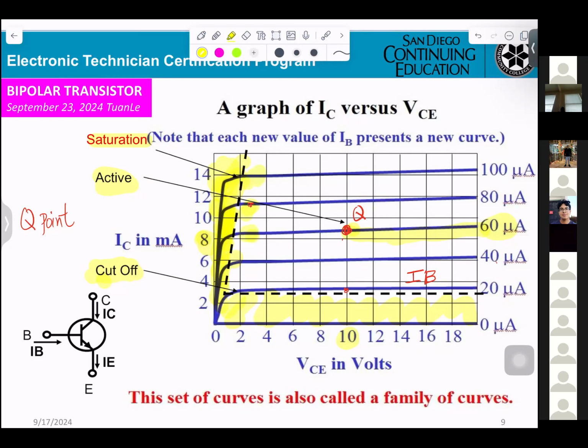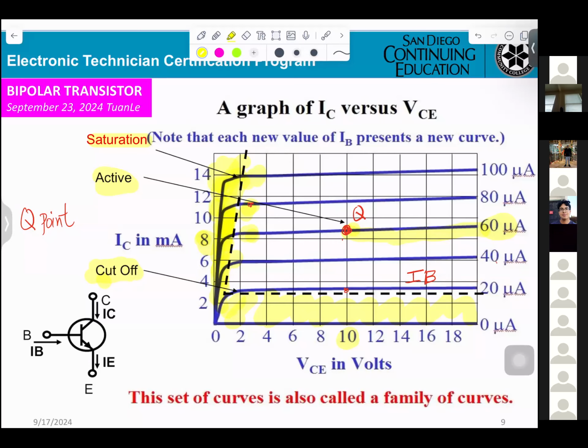When you design the amplifier, you want it to amplify your voice. If you select the Q point close to saturation, when the temperature goes up, the Q point can move into saturation.